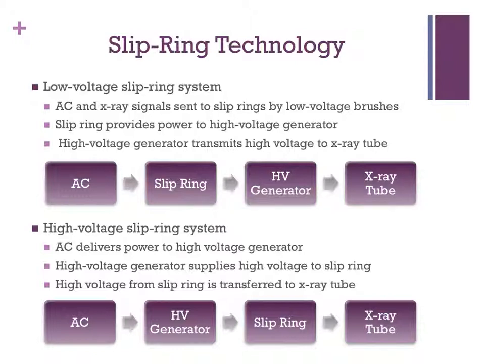In the high voltage slip ring system, the AC delivers power to the high voltage generator, and then the high voltage generator supplies the high voltage to the slip ring. And then the high voltage from the slip ring is transferred to the X-ray tube. In this type of system, the high voltage generator does not rotate with the X-ray tube at all.